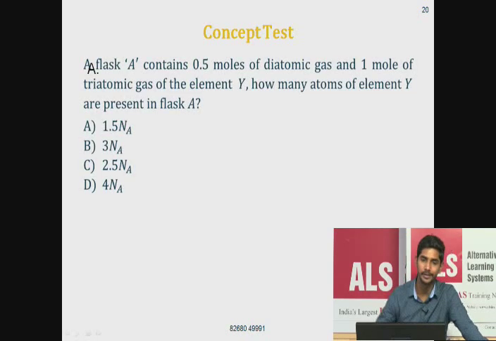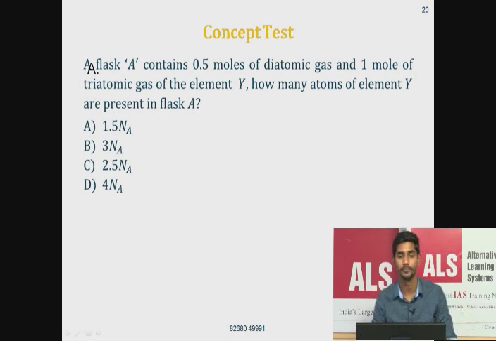See, the question was saying a flask A contains 0.5 moles of the diatomic gas and 1 mole of triatomic gas of element Y. How many atoms of element Y are present in flask A? Just look at the question.